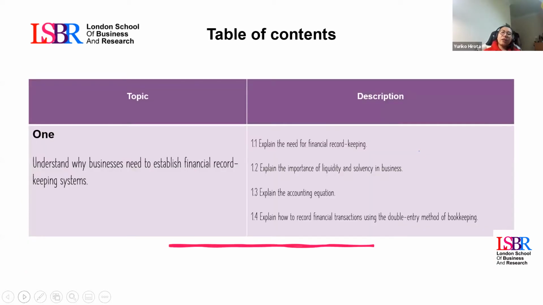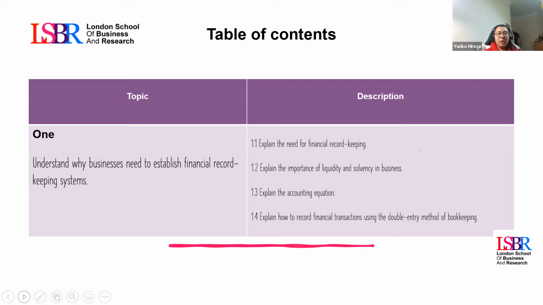In topic number 1, we are going to discuss what a financial record keeping system is and why these systems are important, because they provide a lot of benefits. We are going to check those benefits.